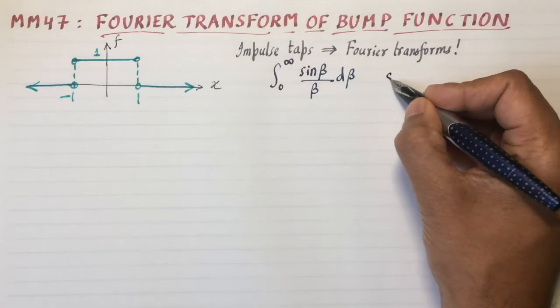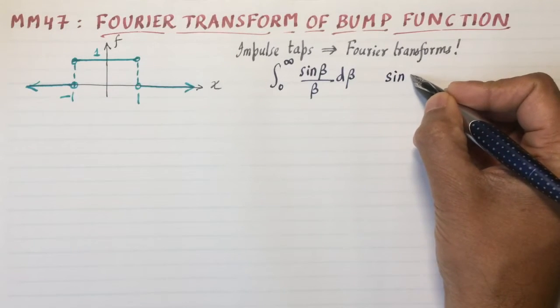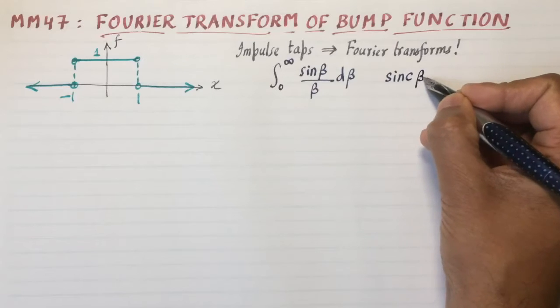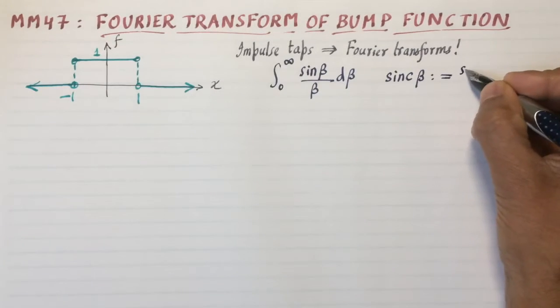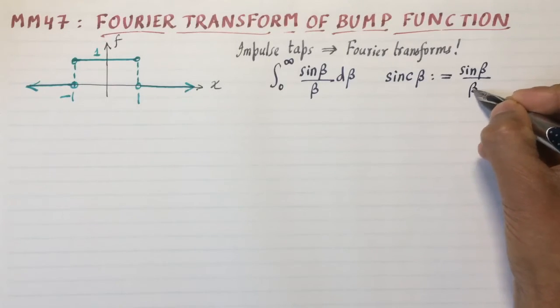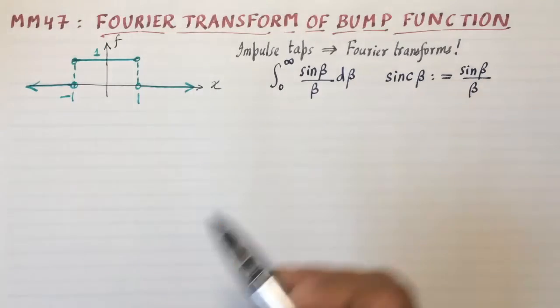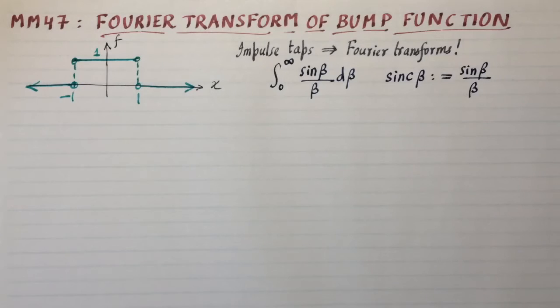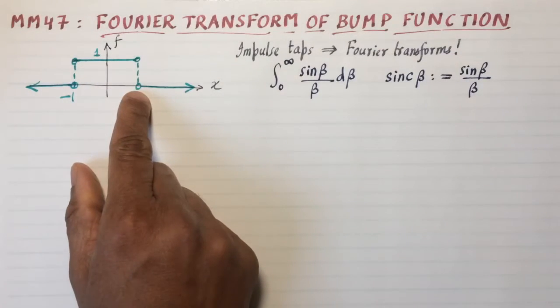In mathematics, the function sine beta over beta is called sinc beta. It's a very important function in diffraction theory, and the intensity pattern is proportional to sinc squared. So this is the amplitude of the single slit diffraction pattern. We have to find the Fourier transform of the bump function. The bump function is this.